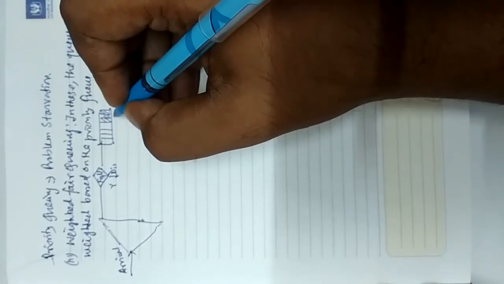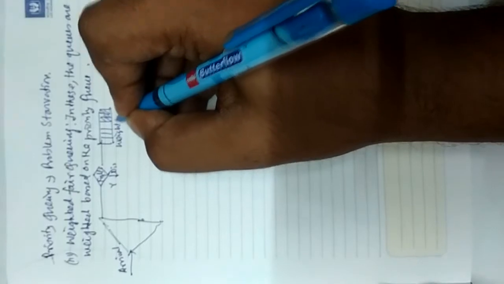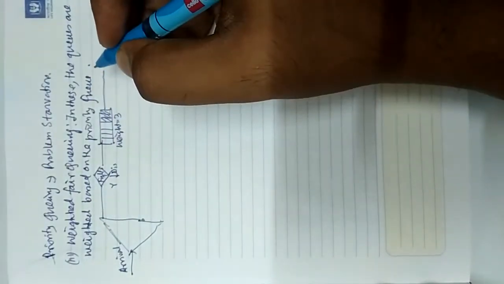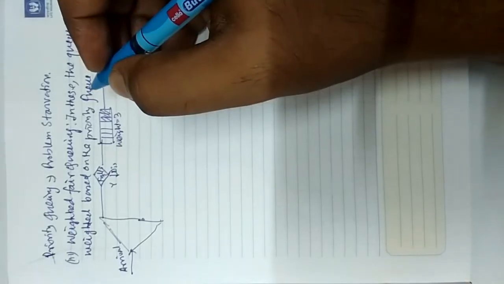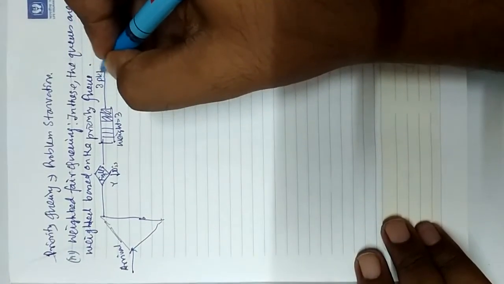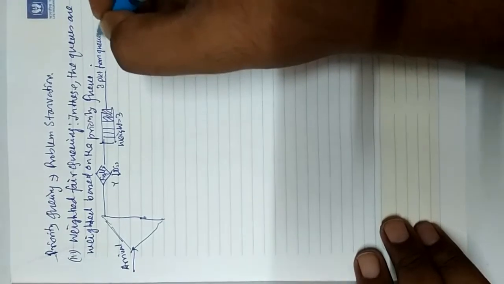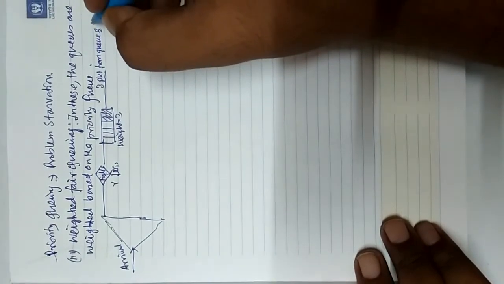So weight equal to 3 means that it will take 3 packets from the queue and process them.